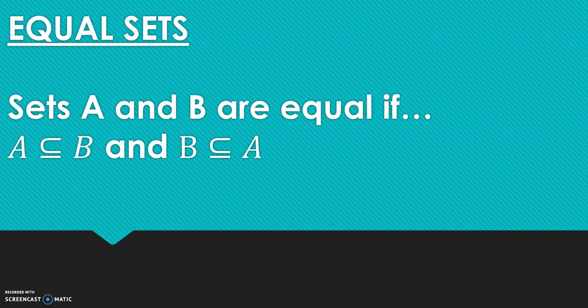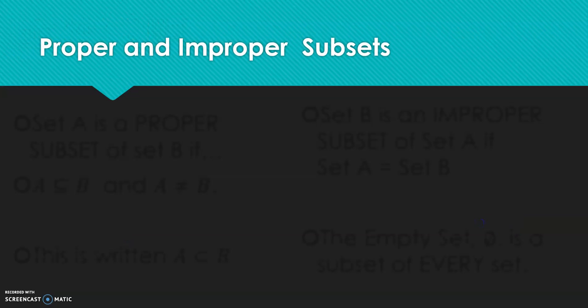Equal sets. Sets A and B are equal if A is a subset of B and B is a subset of A. Proper and improper subsets.